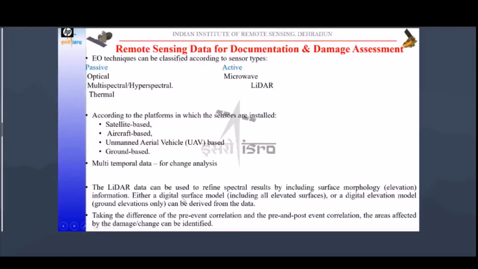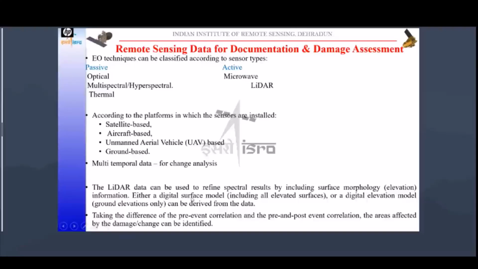So the laser data, both aerial or UAV or terrestrial laser data, can be used to refine the spectral information that we get from optical or multispectral and hyperspectral data by including surface morphology, that is the elevation information. It gives us a very high level of detailed information about the height. So this can be integrated.